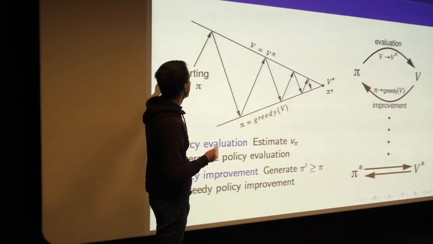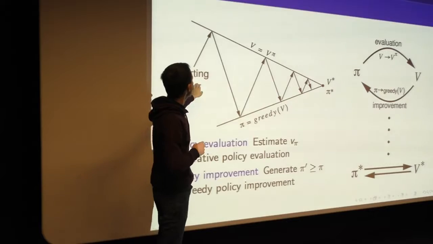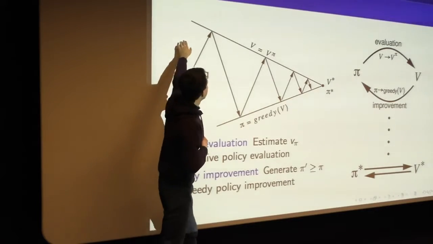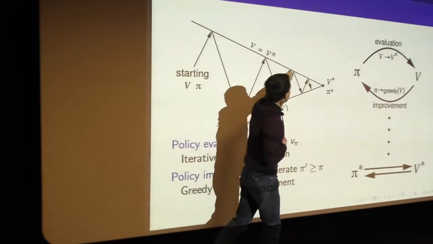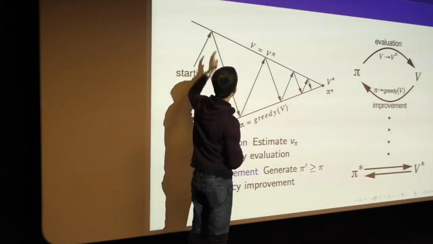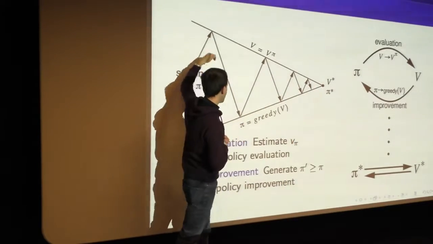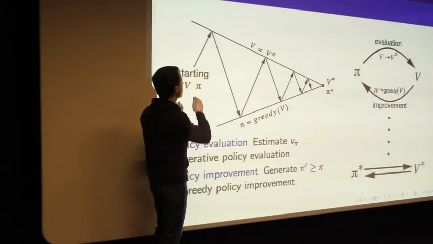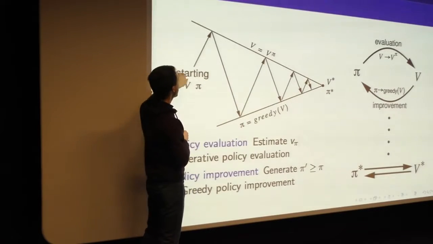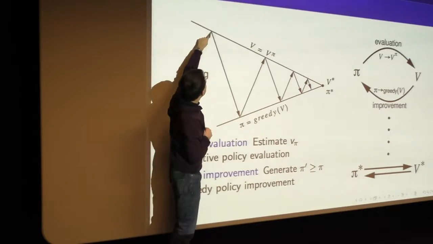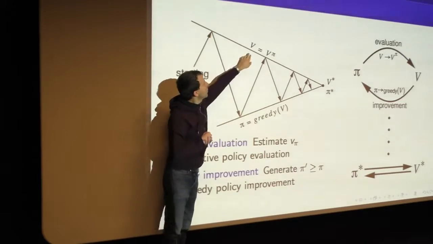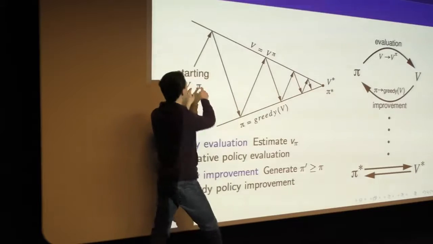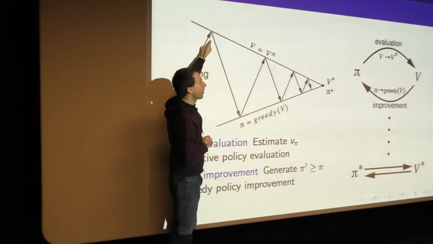We're going to do policy evaluation on our up arrows, and we're going to do policy improvement on our down arrows. So this diagram illustrates that we start off with a V and pi, and we set our value function to evaluate exactly this initial policy on this first arrow.